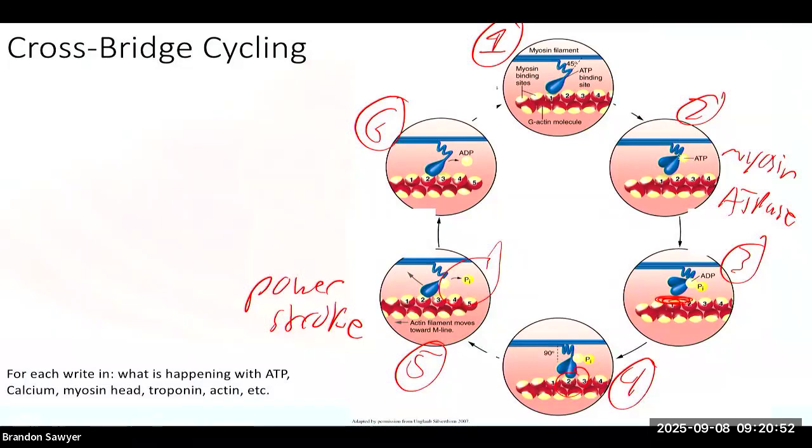The myosin head will not detach until the new ATP comes. Good questions. Other questions? Go ahead. So that would be going from step 3 to 4 in there. Yeah. That's kind of where the cocking happens. Other questions?